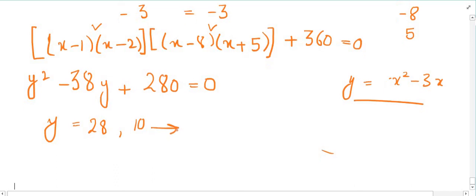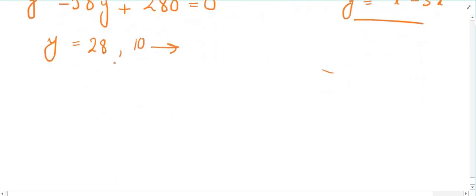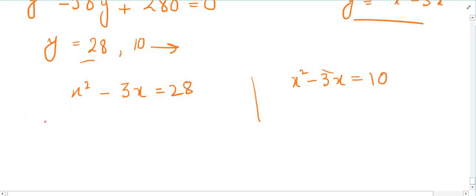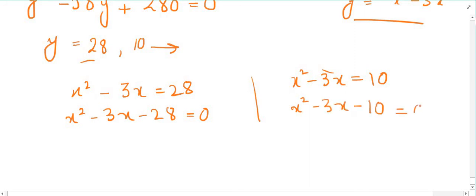Now put again x² - 3x = 28 and x² - 3x = 10. This becomes x² - 3x - 28 = 0 and x² - 3x - 10 = 0. Apply the formula again, or by factorization you will get x = 7 and -4, and from this x = 5 and -2.